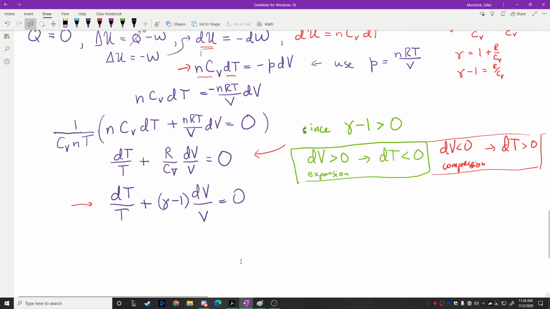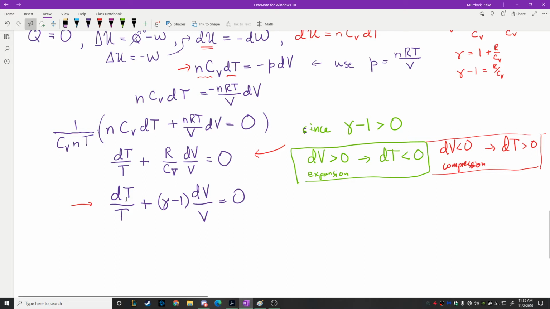All right. So we get this equation. We understand to some extent what it means. It really just tells us that when the volume goes up, the temperature has to go down, that this quantity has to be equal to 0. Quantities that are equal to 0 in physics are really useful because if something is changing in such a way that it's always equal to 0, then there's some fixed thing that has to be constant, right?